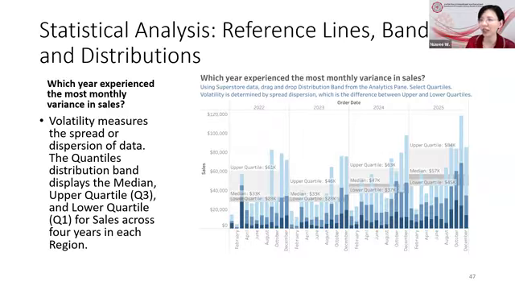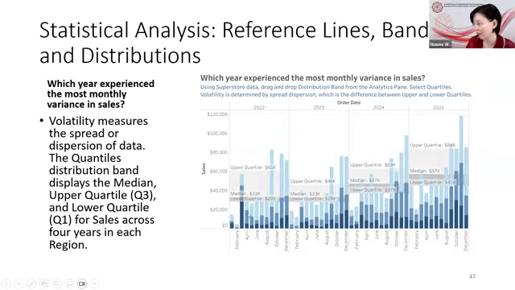So in this case, we want to do distribution by year. And in the year, we want to take a look at monthly sales, because our question asks about the most monthly variance. That's why we would take each bar in the stacked bar chart to be each month. And then for each month, it becomes a year.